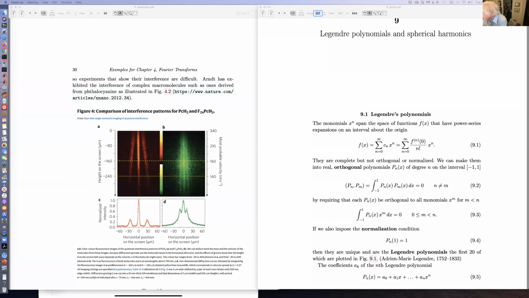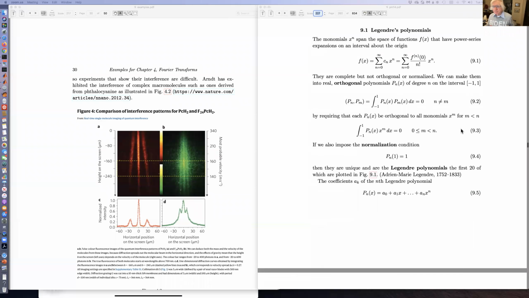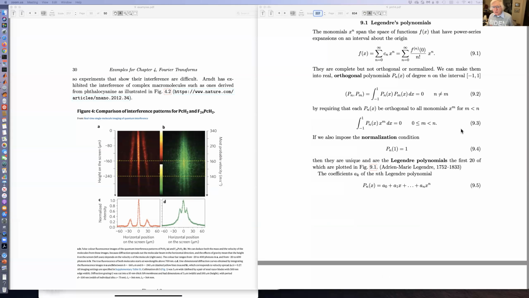All right, well, I haven't heard any yet. So let me just review some of what we said about Legendre polynomials, I guess last Thursday. The ordinary powers of x to the n form a complete set of functions, but they're not orthogonal.